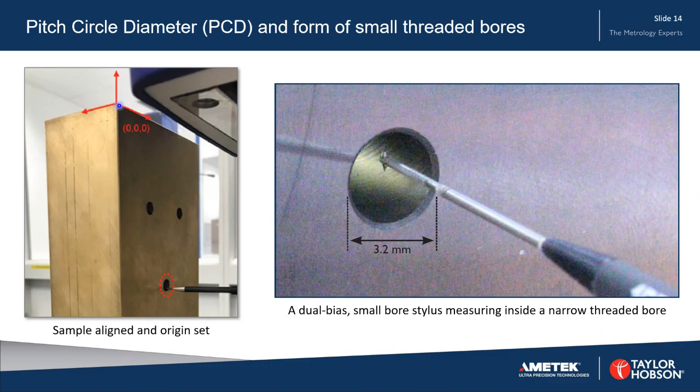And we've identified a 0 position, the origin on this part. So we're able to move directly from here into the hole very, very precisely, and also knowing that we're going to be measuring truly along the axis of the bore. For this, we've used a small bore stylus.